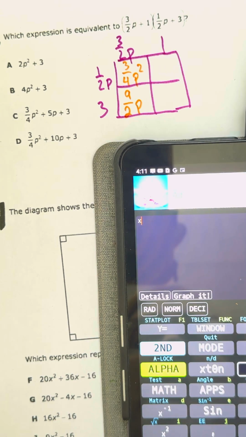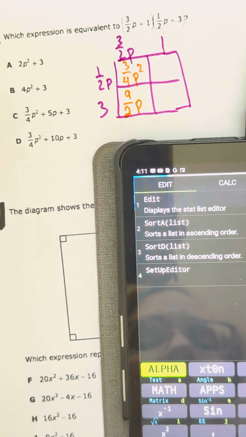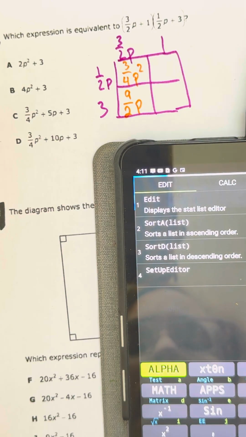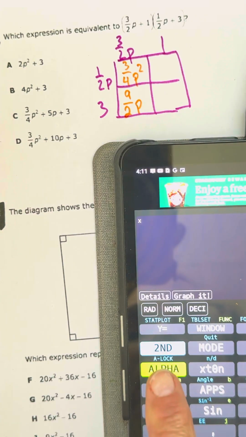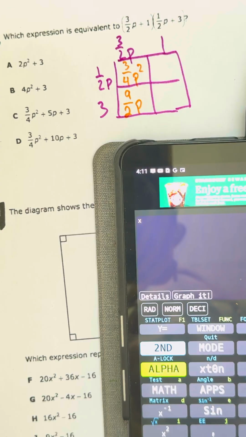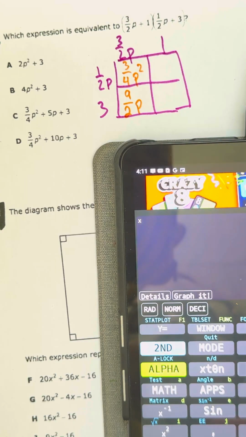Oops, back up. Oops, using a new app. And second quit. Where is second? And alpha x, and it doesn't work. It's a good thing I didn't pay money for it.